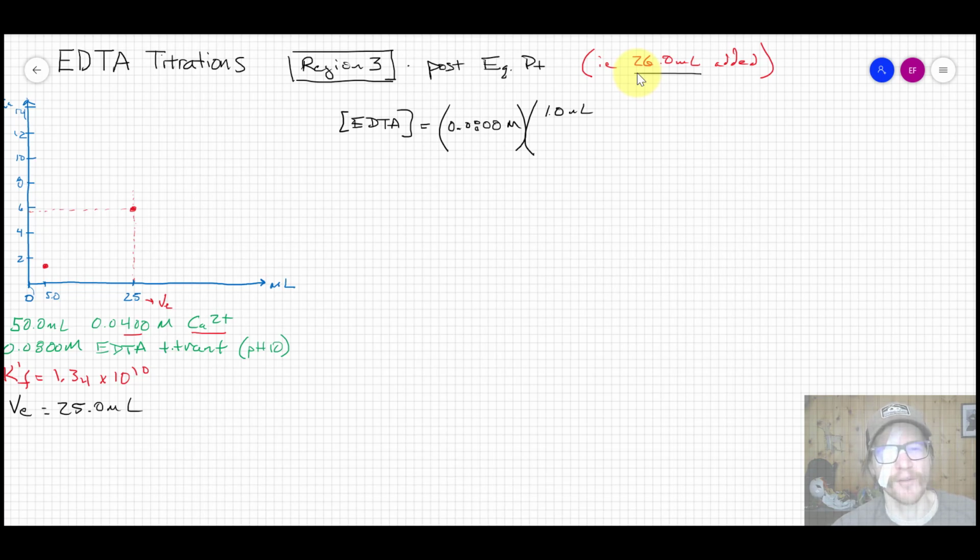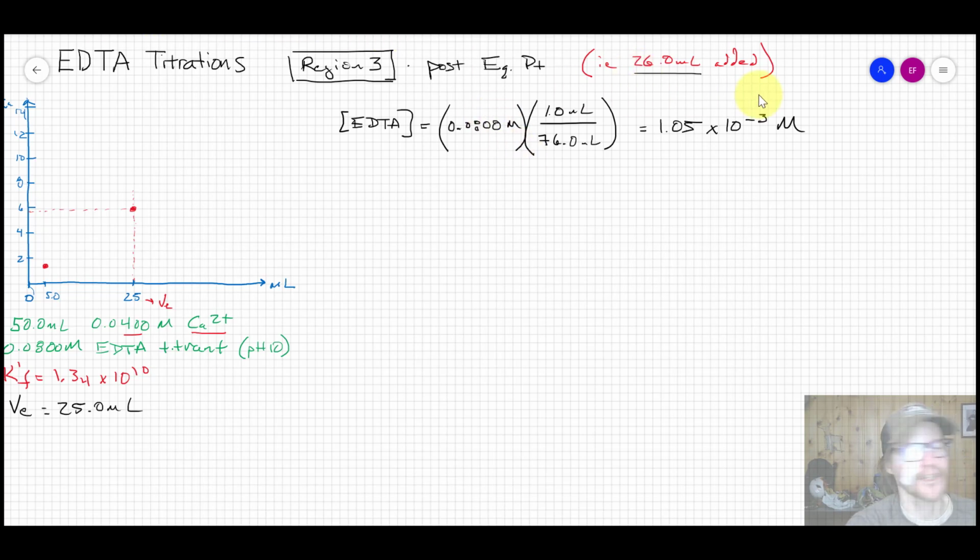Multiplying this gives us the number of moles of EDTA in excess at this point, and then dividing that by the total volume of the system. In this case, this would be 76, because it would be my original 50 plus 26 mL. That would give me the new concentration of EDTA in the system. So that gives me 1.05 times 10 to the minus 3 molar.